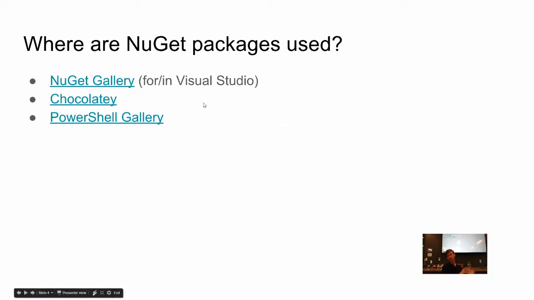I could just say, hey, Choco, install this, and it actually uses a NuGet store to get that content. PowerShell: if you are on a recent version of PowerShell, let's say the latest operating system, either server or even Windows, then you actually have a PowerShell gallery available to you that you can use to install different PowerShell packages.